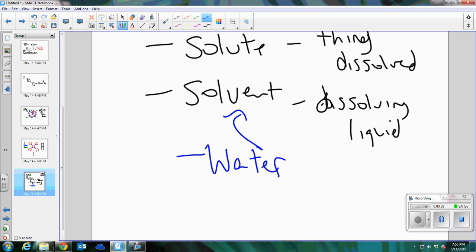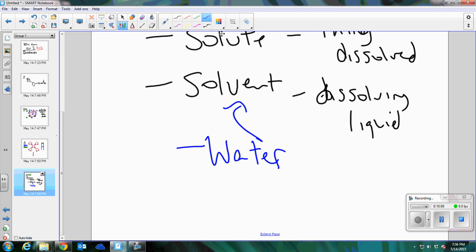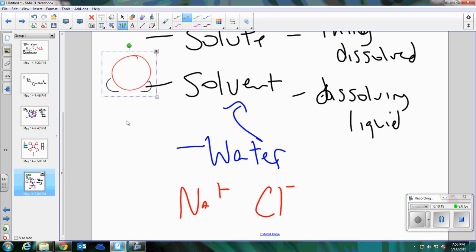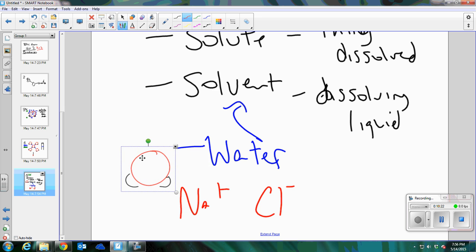Now, what sorts of things do you suppose that it readily dissolves? It dissolves things that are also polar. Like, for instance, remember earlier we talked about sodium chloride and the ionic bond that's formed there. Well, water, there's my trusty water molecule.